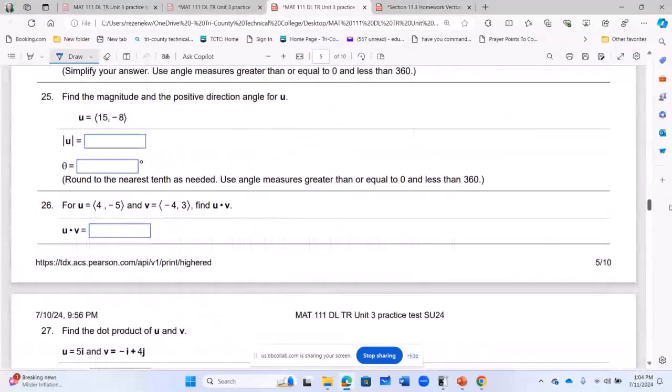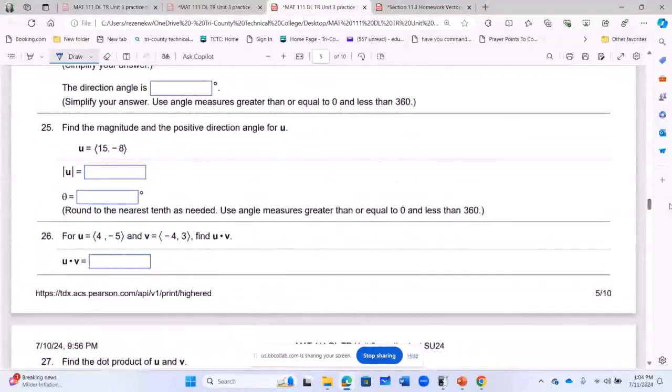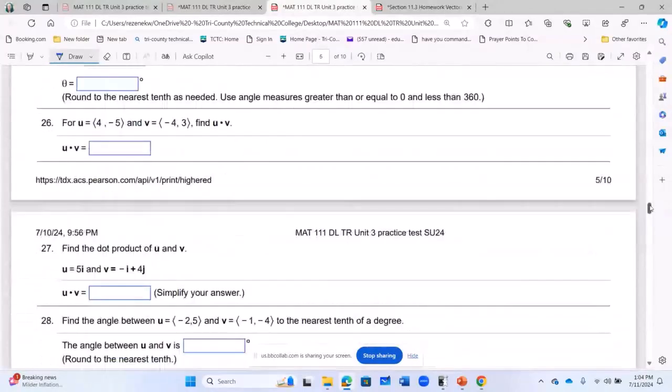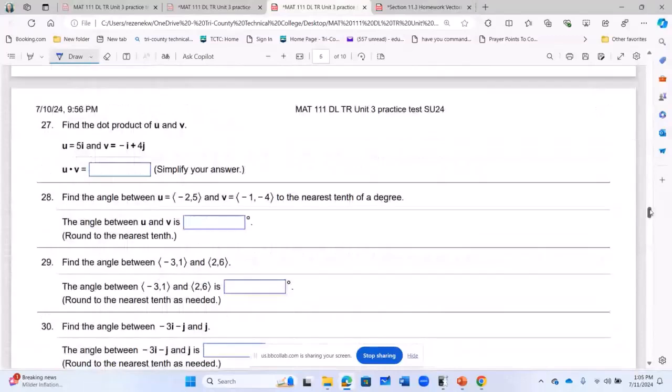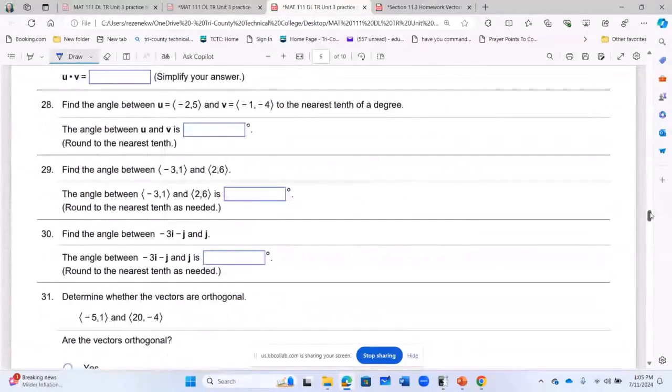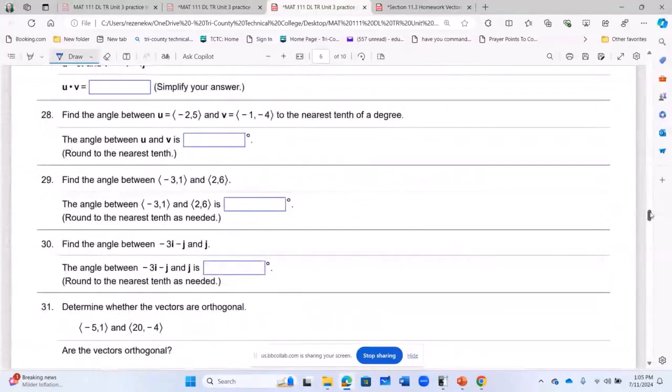I'm looking for the angle between two vectors. All right, number 28 in this practice test is asking us about the angle between two vectors. So find the angle between two vectors to the nearest tenth of a degree.